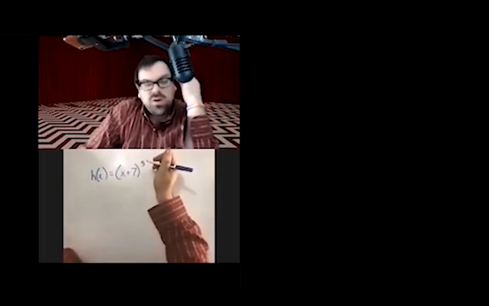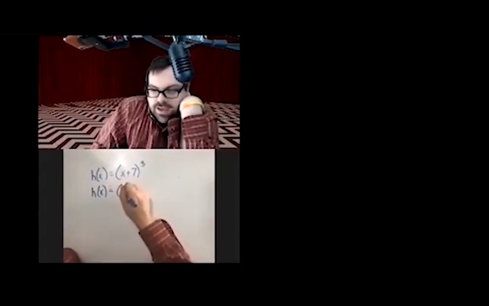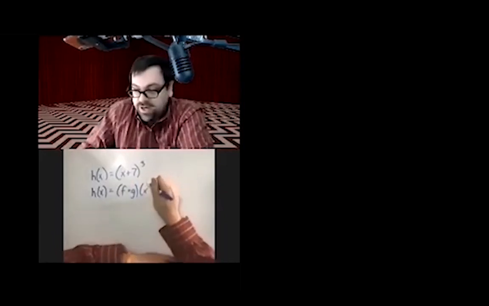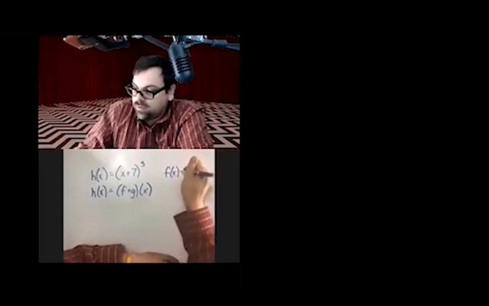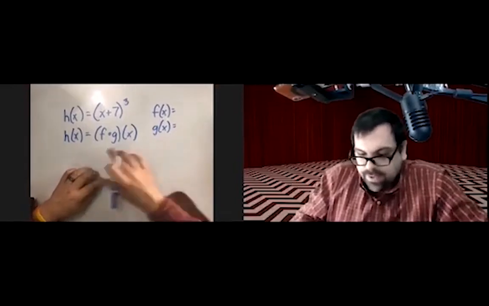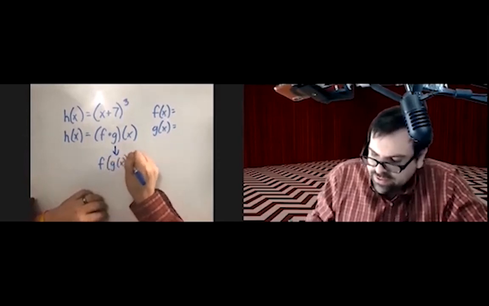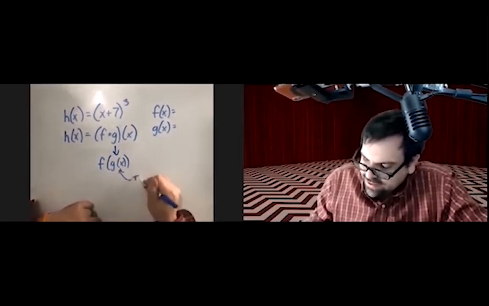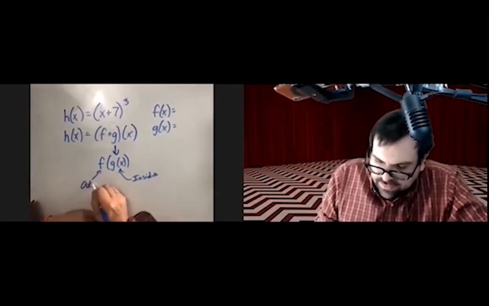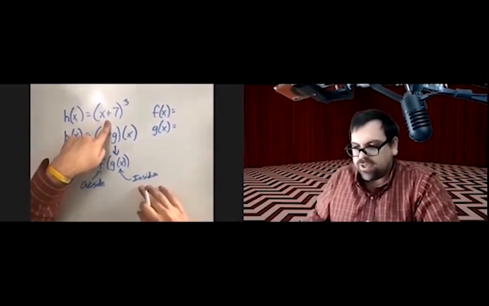We're told that we want h of x to be f composite g of x, and we're supposed to find what f and g are. f composite g means f of g of x, which means g of x is our inside function and f of x is our outside function. What is on the inside here? What's going to be g of x?